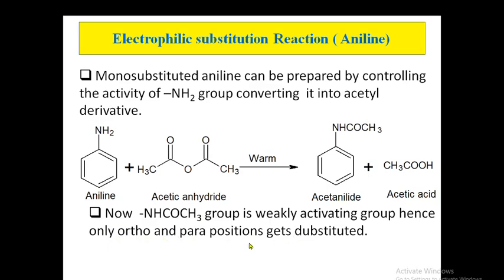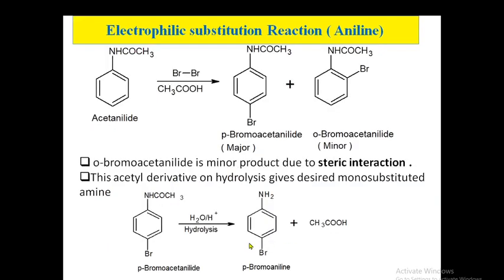Let's see how they are going to be substituted. Here we have taken that acetanilide and are reacting it with bromine in presence of acetic acid. Here the ortho and para positions, no doubt they are going to be brominated, but only mono substitution takes place. So in this case para bromoacetanilide is a major product, while ortho bromoacetanilide is a minor product.